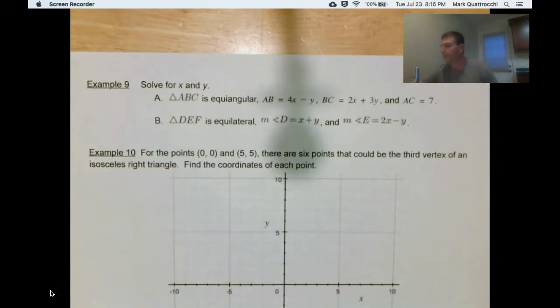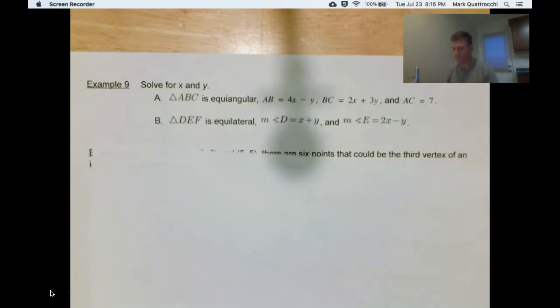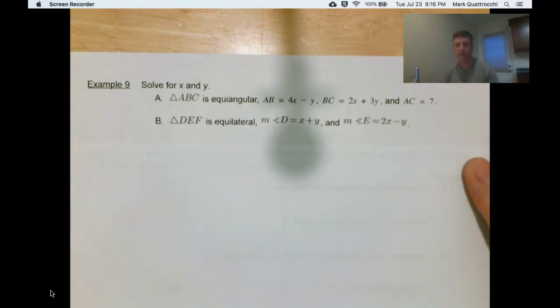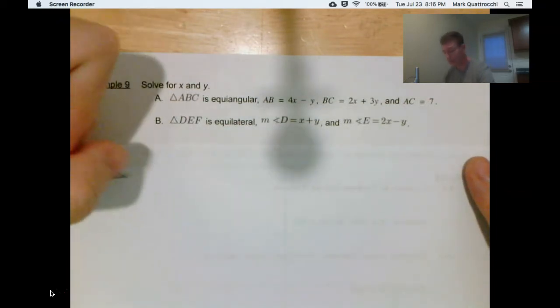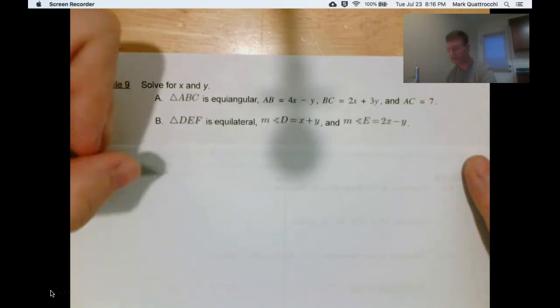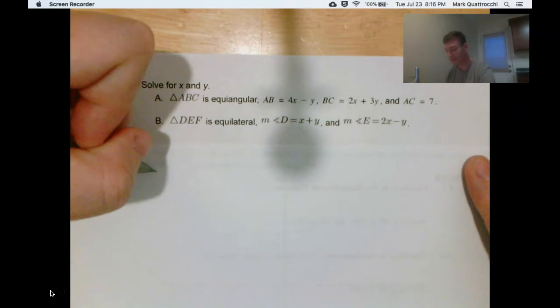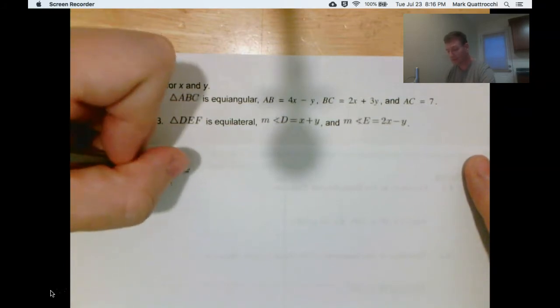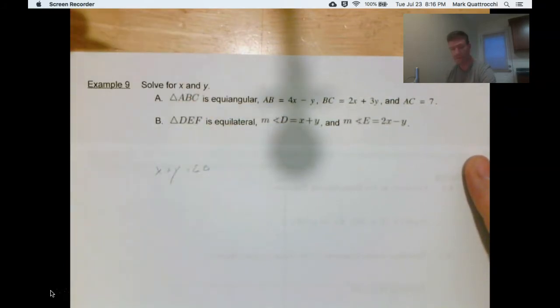All right. B. Again, we have an equilateral triangle. Since we have an equilateral triangle, then it is equiangular. Since it's equiangular, all three angles have to equal 60 degrees. Since all three angles equal 60, then x plus y equals 60.